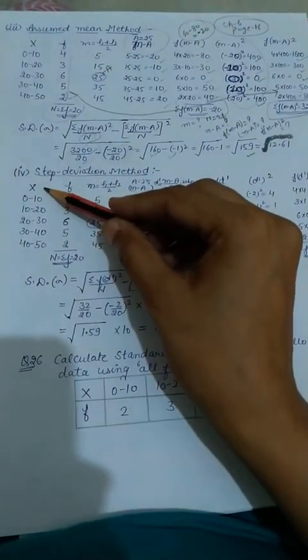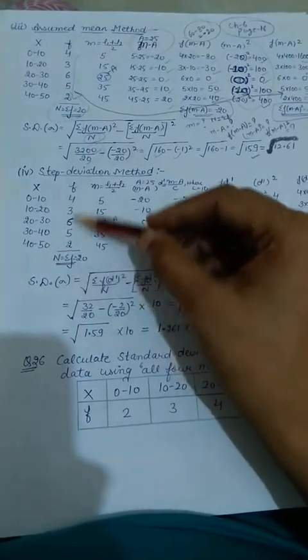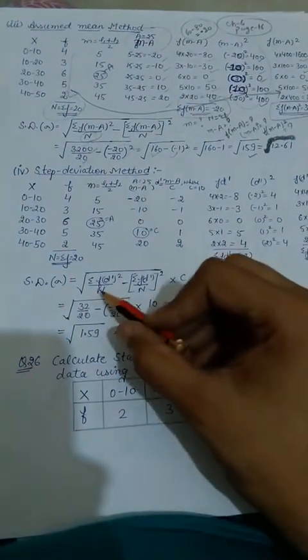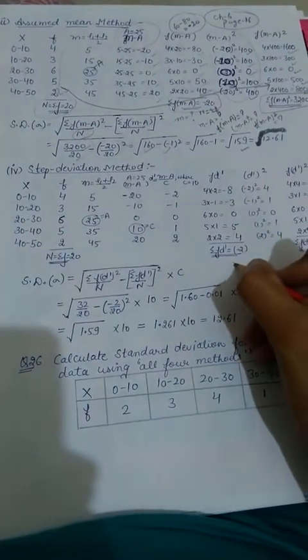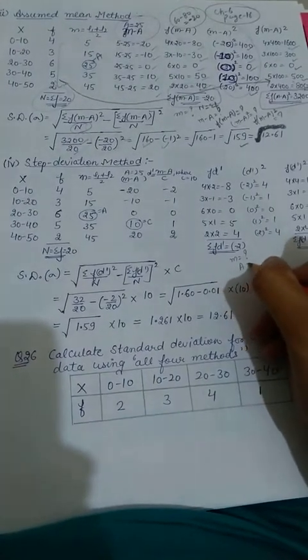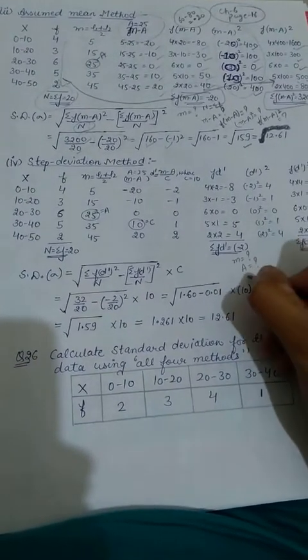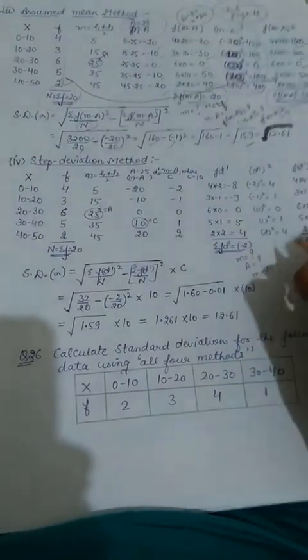Now let's move to your step deviation method. In the step deviation method you have these values, 0 to 10, 10 to 20. In this table you first need the same things. First you need m, then you need a, then you need m minus a as you did in the above example.